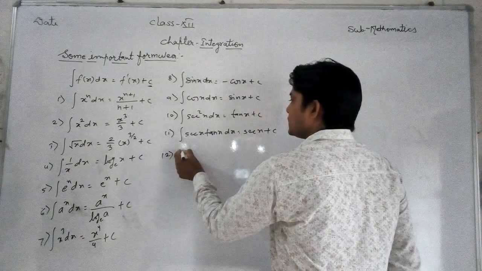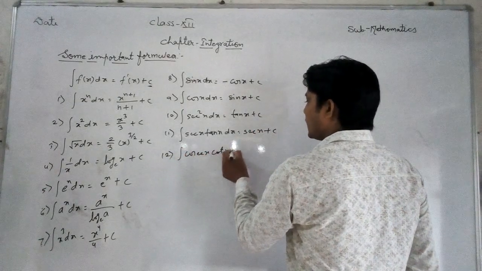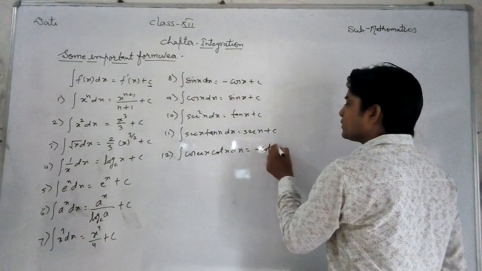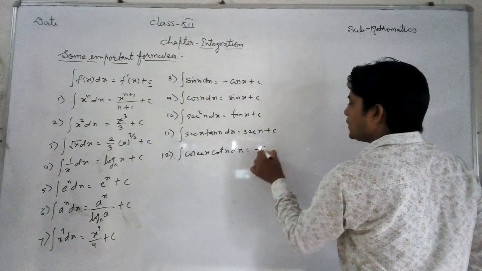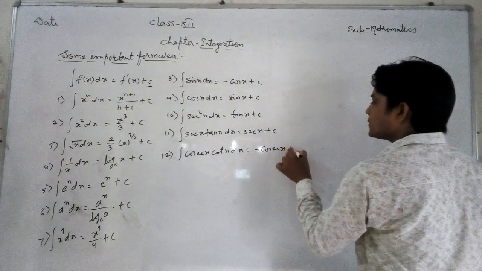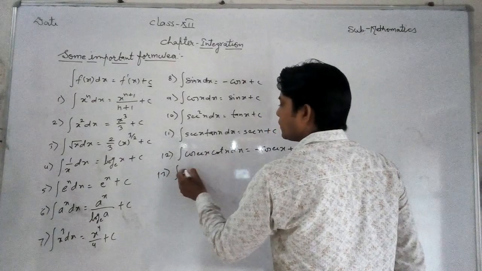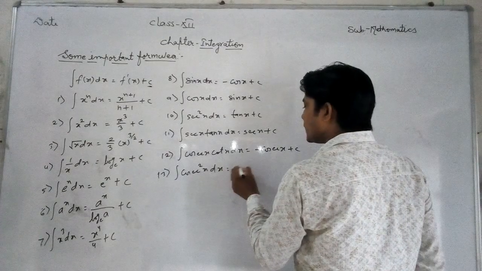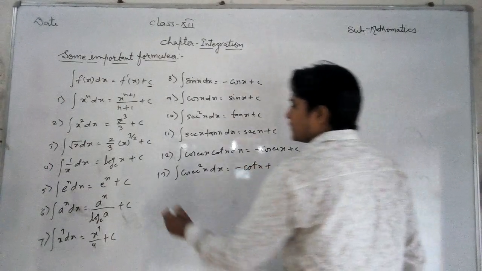Now in this series, the integral of cosec x cot x dx is minus cosec x plus c. The integral of cosec square x with respect to dx is minus cot x plus c.